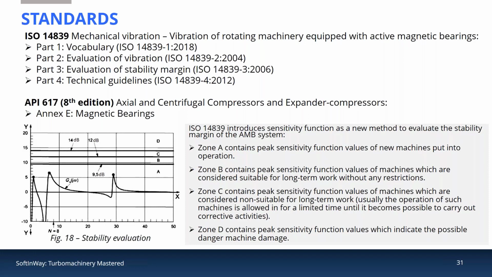ISO 14839 introduces the sensitivity function as a new method to evaluate the stability margin of the AMB system with 4 zones as criteria of rotor stable operation. So here on the figure, you can see 4 zones on the sensitivity function plot, which will be discussed later during this presentation.